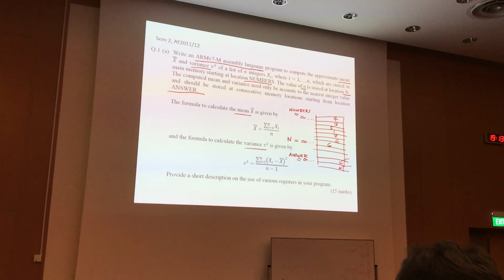So the easiest one for looping is probably BNE, for example. BNE is probably more natural to use. I haven't hit 0 yet, not equal to 0, I continue to do. But GT will have the same effect, greater than 0.